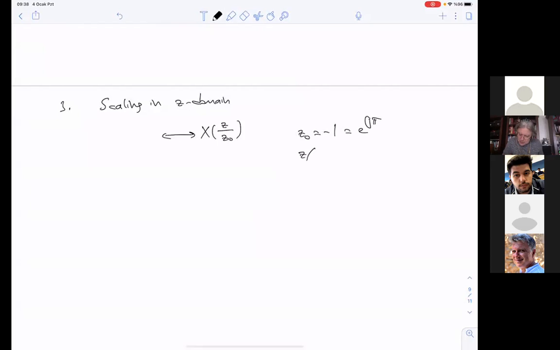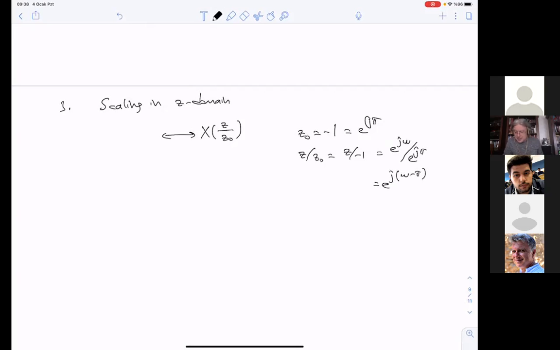Then z over z0, which is z over -1, or z times -1, it doesn't really matter in that aspect, is equal to e to the j omega over e to the j pi, which is e to the j omega minus pi.